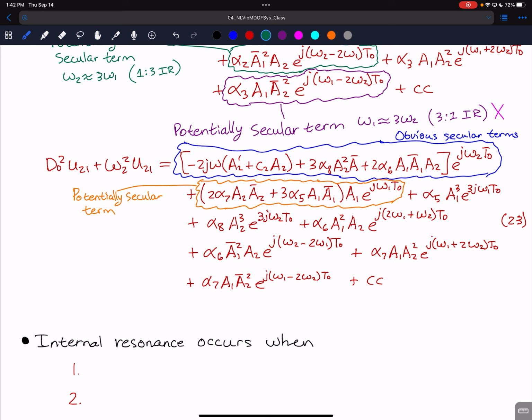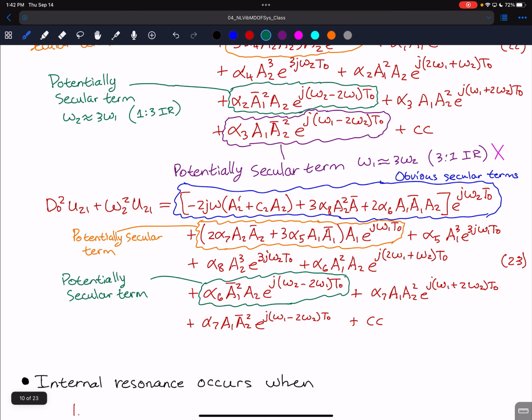Green as well, we get this alpha 6 term. And then one more term.